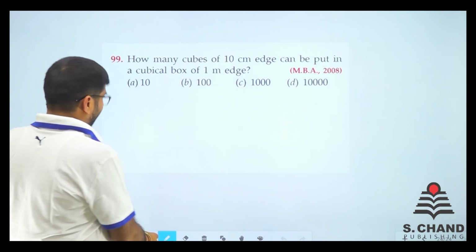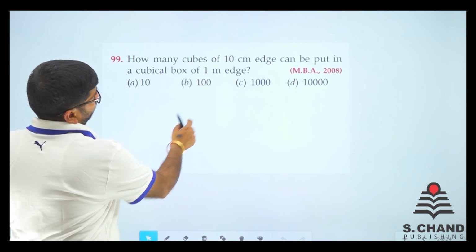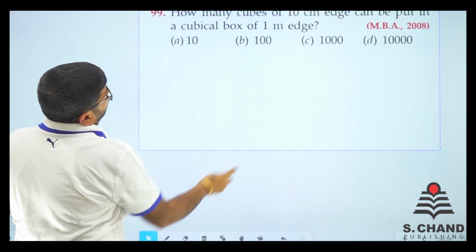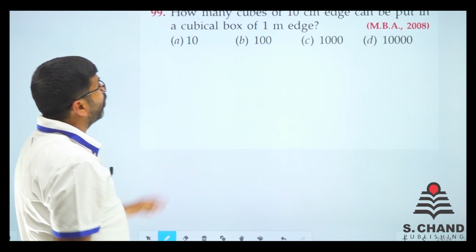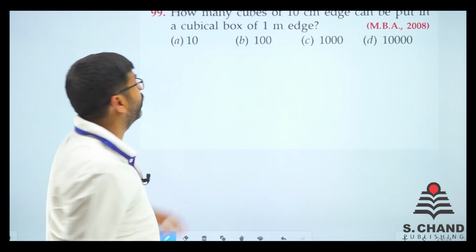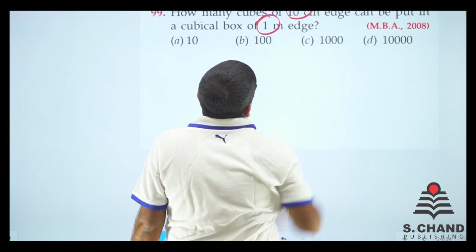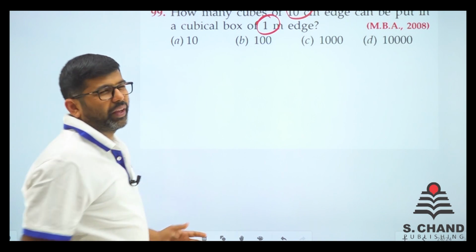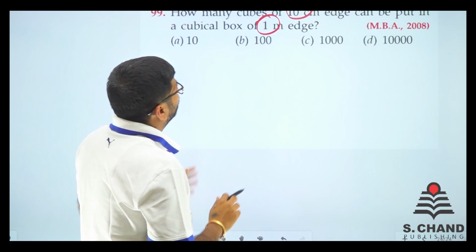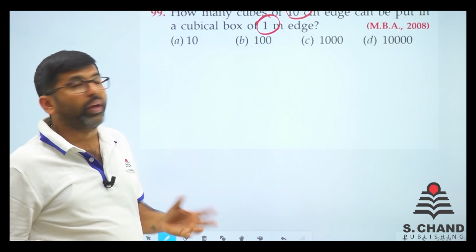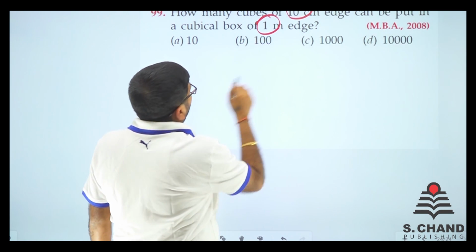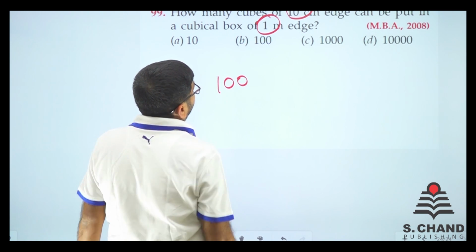How many cubes of 10 centimeter edge can be put in the cube of 1 meter edge, right? So there is a cube of that and we have to put 1 meter edge. So do just one thing. We have to put both in the similar way. So 1 meter is equal to 100 centimeter, right?